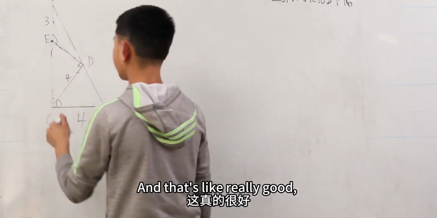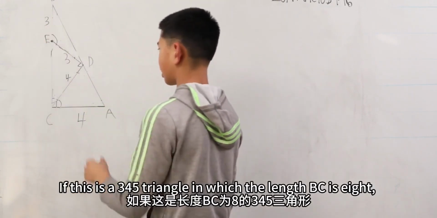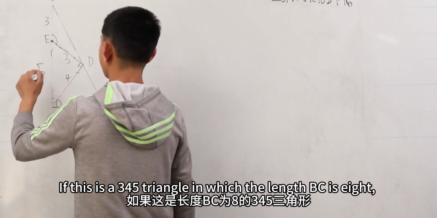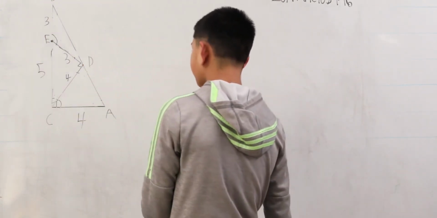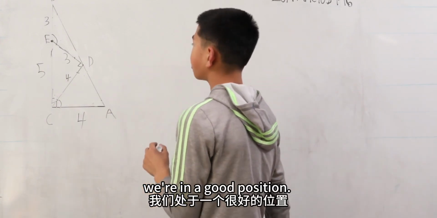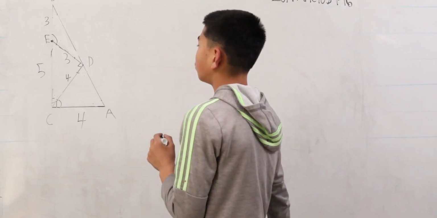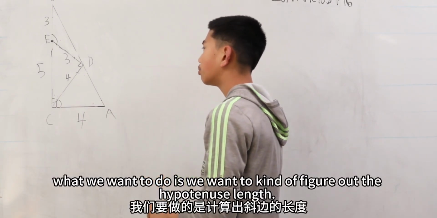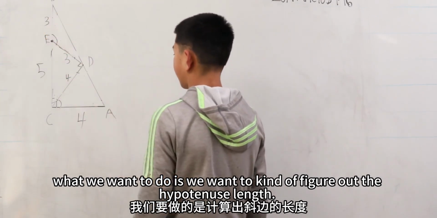And that's really good, because we know that this is 3. If this is 3, this is a 3, 4, 5 triangle in which the length BC is 8. Well, we're in a good position here. We're making some progress. Now, what we want to do is figure out the hypotenuse length.